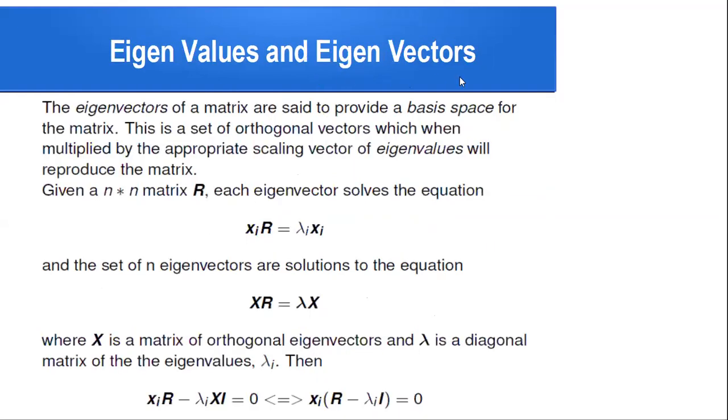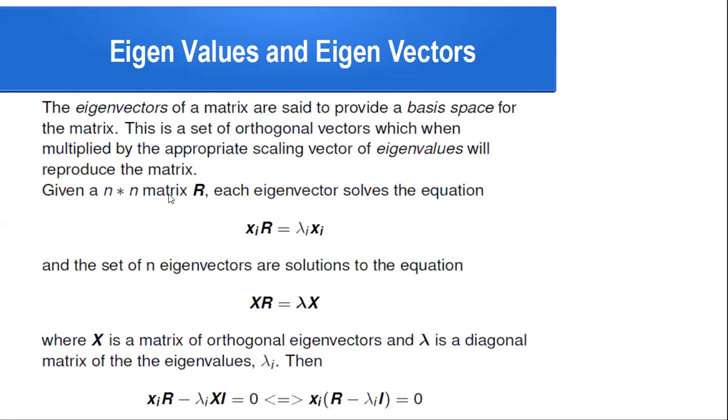Eigenvalues and eigenvectors. This is a very vital thing in data science. The eigenvectors of a matrix are said to provide a basis space for the matrix. This is a set of orthogonal vectors which, when multiplied by an appropriate scaling vector of eigenvalues, will reproduce the matrix.